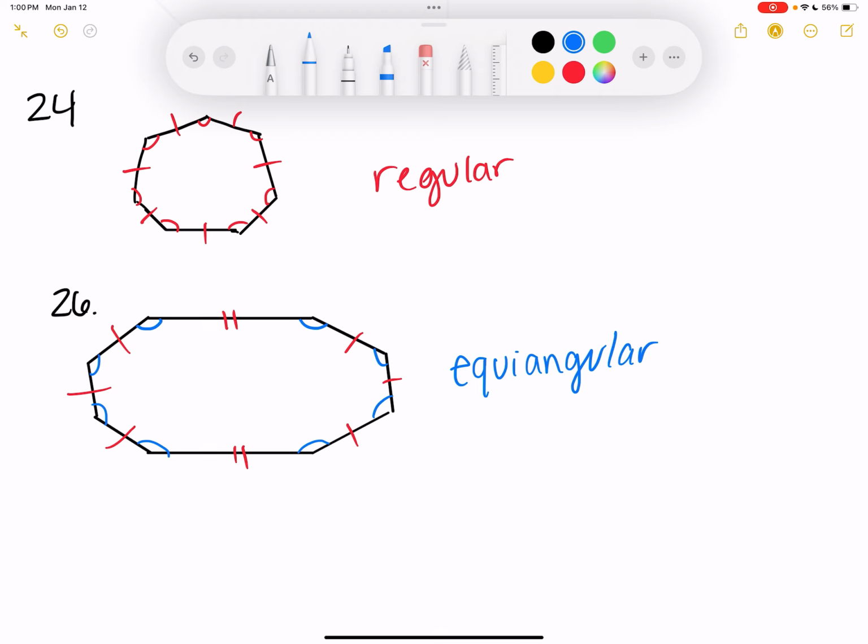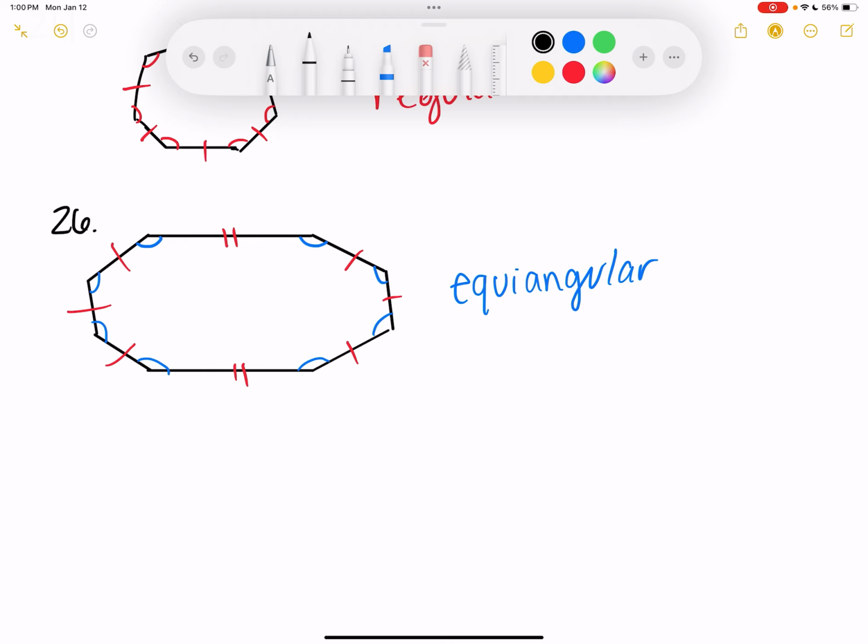All right, jumping a little bit. Now we're actually going to be solving for the values. 38.